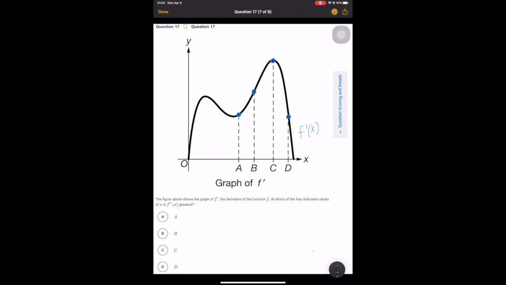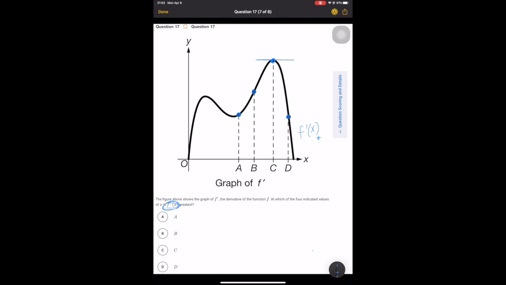Now again, this is the graph of the derivative, and they're asking us at which of the 4 indicated values of x is f double prime of x the greatest. Alright, now remember f double prime would be the derivative of this guy, meaning the slopes of the lines on this guy. Alright, so here at this point we see that we have a relative max, right?